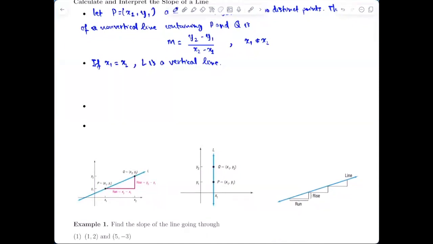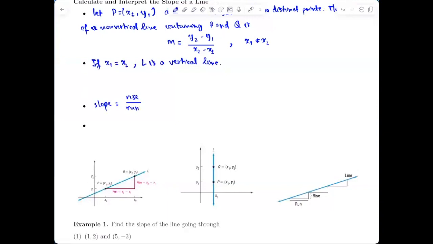Now, when you consider slope, most of you have seen the formula that the slope is equal to rise over run. So the slope can also be described as rise over run. And there's another concept that you can relate to the slope.